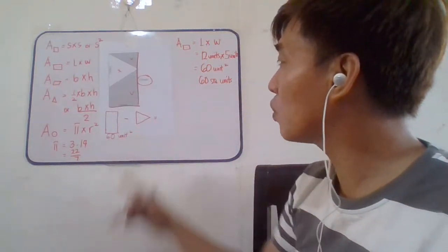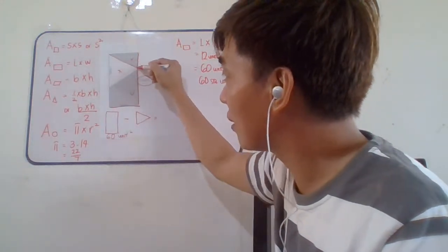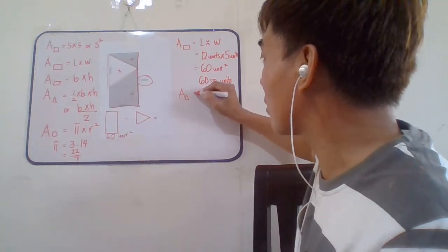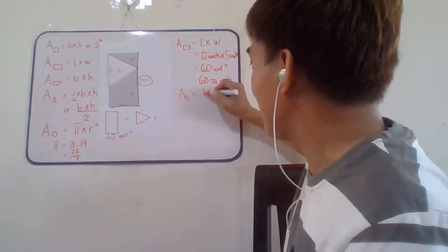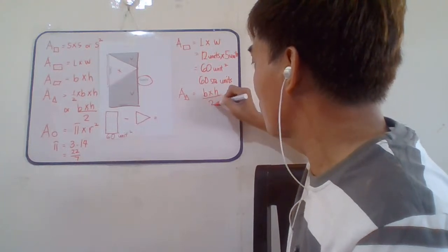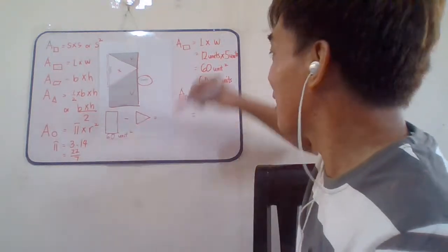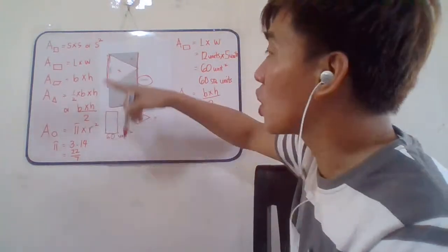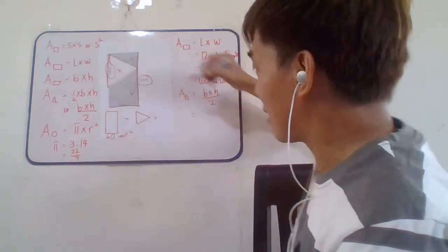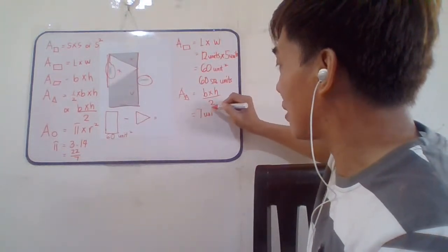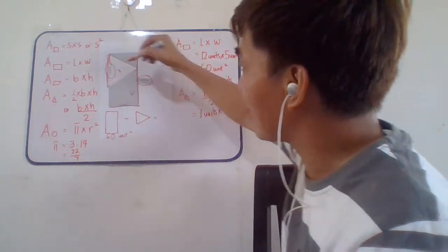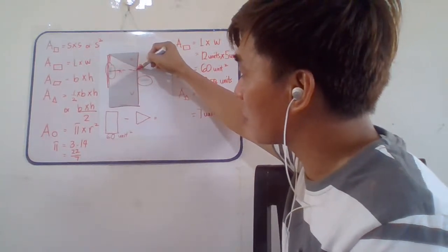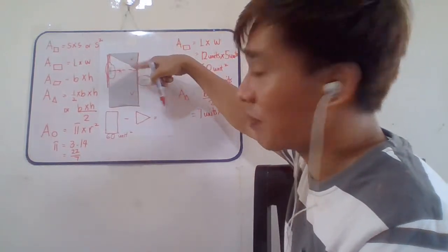The next thing that we have to do is get the area of this triangle. The area of the triangle is base times height divided by 2. The base here is this one, so the base is 7 units, times the height, from the base perpendicular to the other vertex.